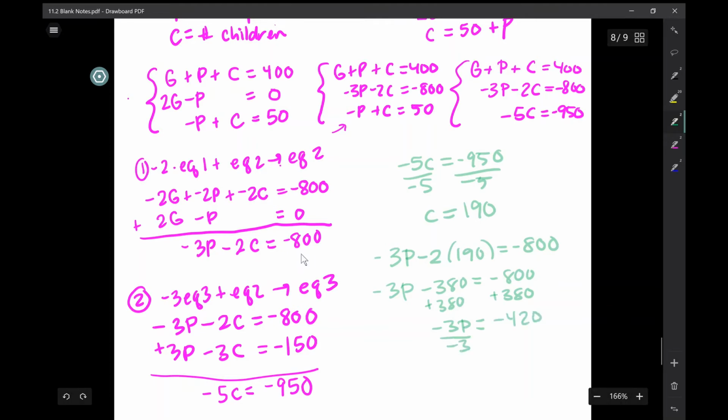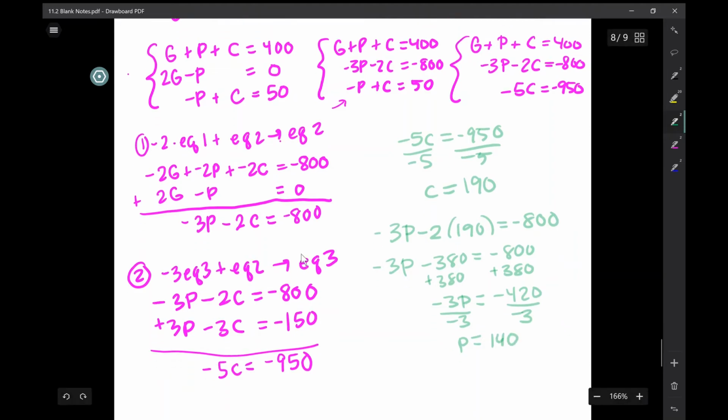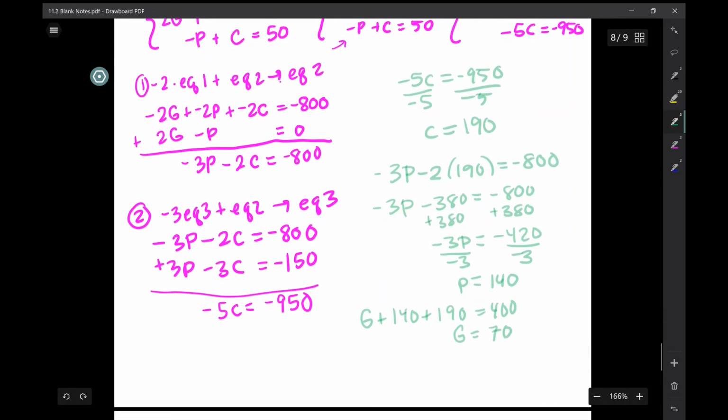Divide by negative 3, and we get P equals 140. And finally, our last equation is G plus 140 plus 190 equals 400. So 400 minus 140 minus 190 gives me 70. All right, so we have 70 grandparents.